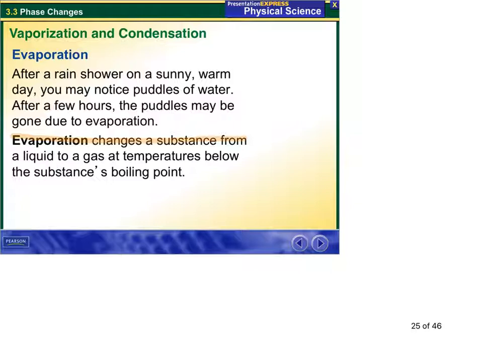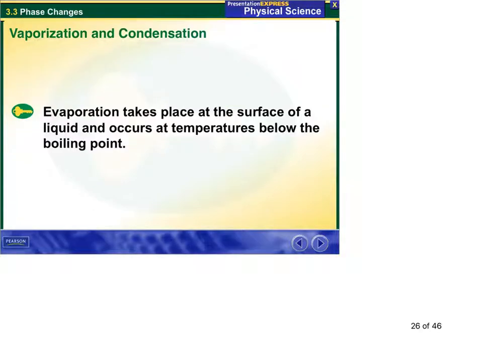Evaporation is when a liquid changes to a gas. You'll see puddles of water disappearing. Got some key changes between evaporation and boiling.